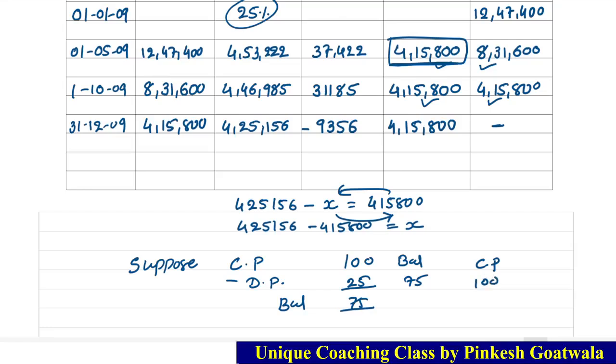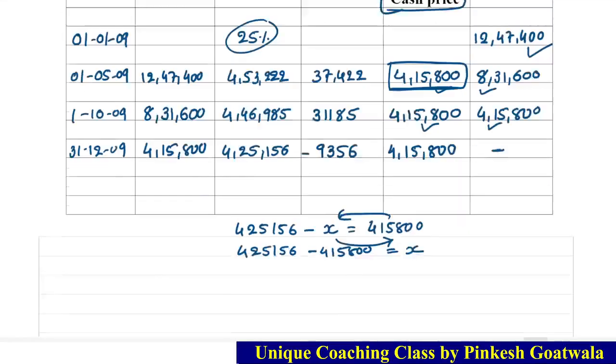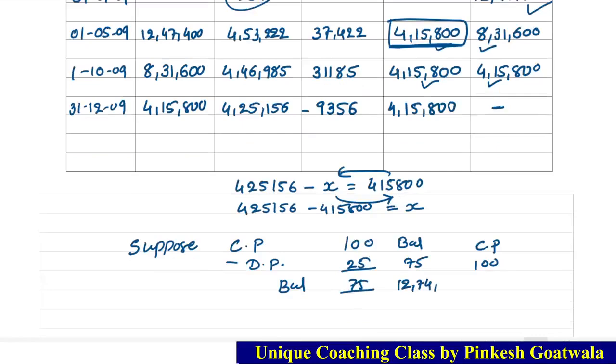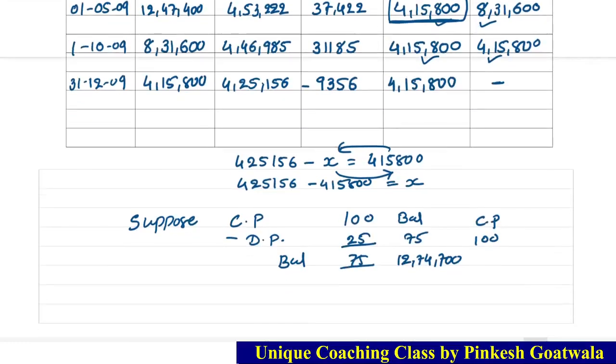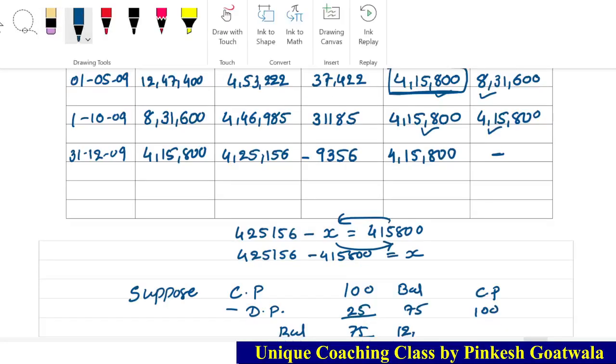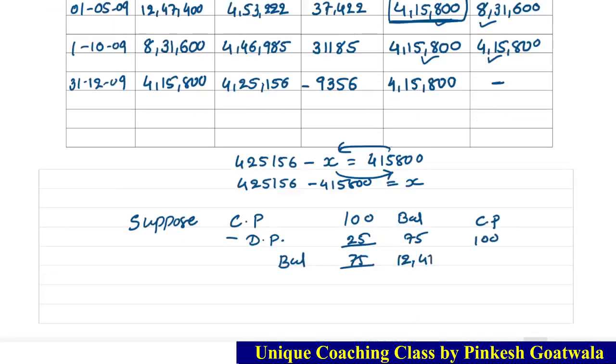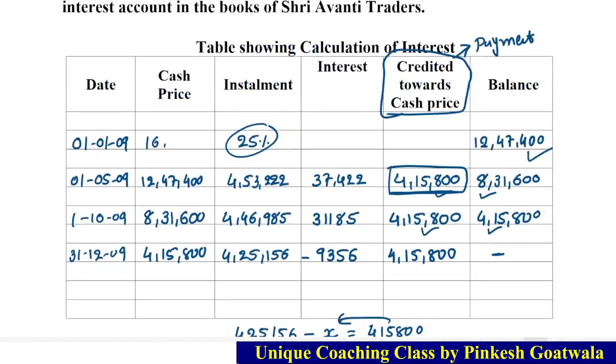So here our balance is 20,47,400. 20,47,400 into 100 divided by 75. So the answer comes 16,63,200.